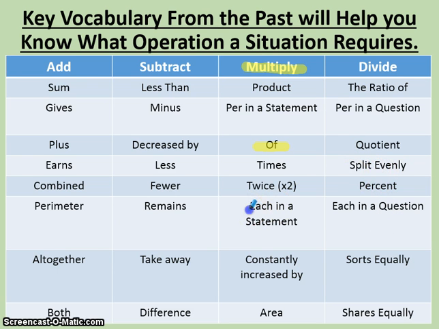Anytime you hear each, it depends which one it is. If it's each in a statement, meaning a sentence with a period, that's multiplication. But if you hear each in a question, that means division. The same is also true for per. The rest of them you may read at your convenience. I just want to point out those few.